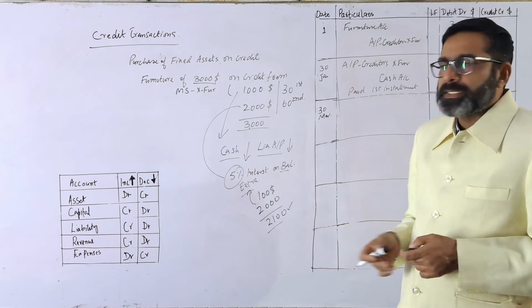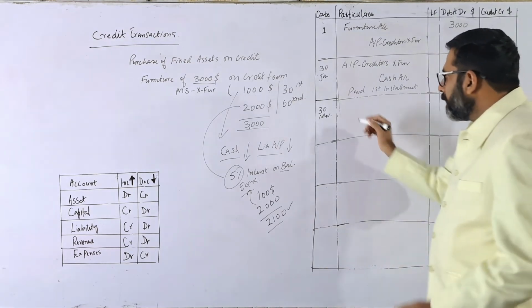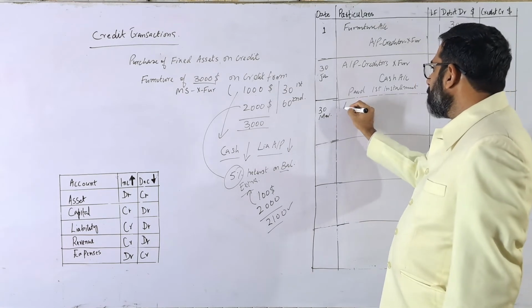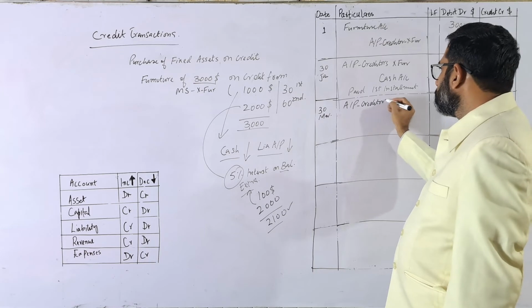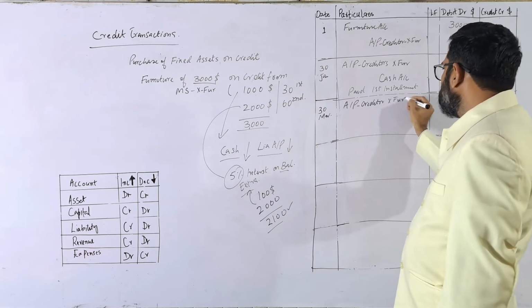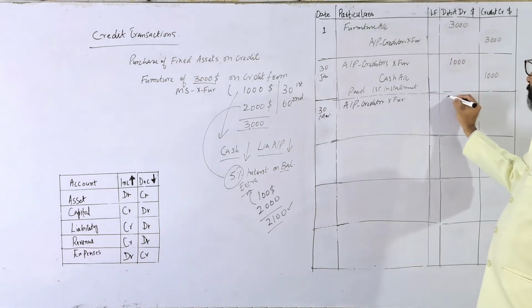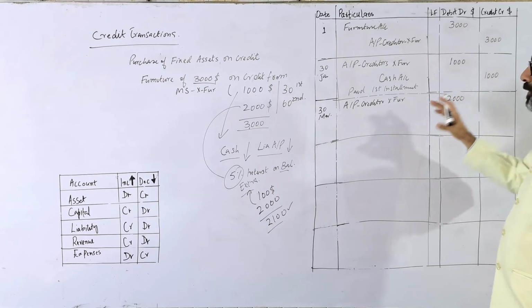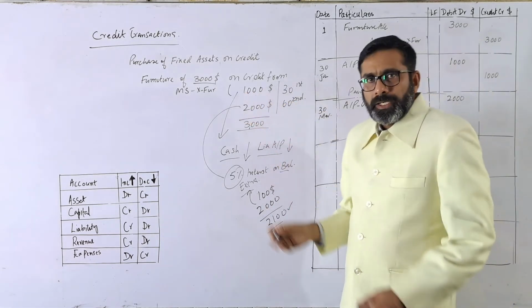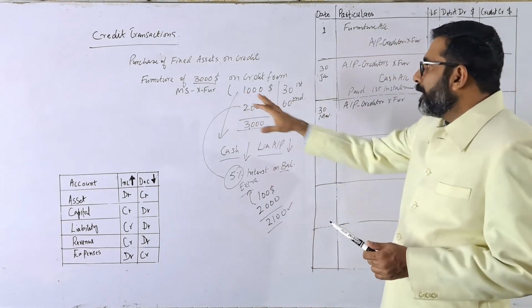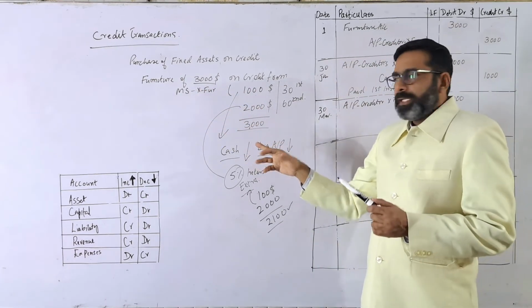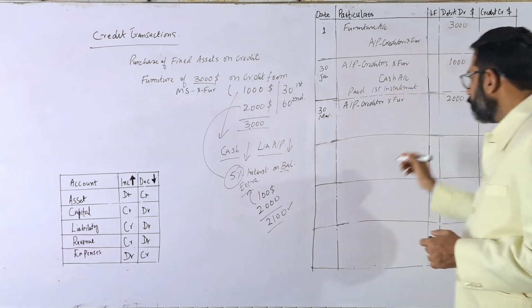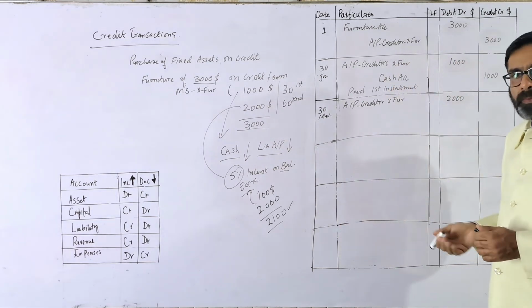So the amount payable to the creditor, X Furniture, will be $2,000. You have $1,000 already paid, your total liability was $3,000, and now you are paying off $2,000. So $2,000 will be your account payable.